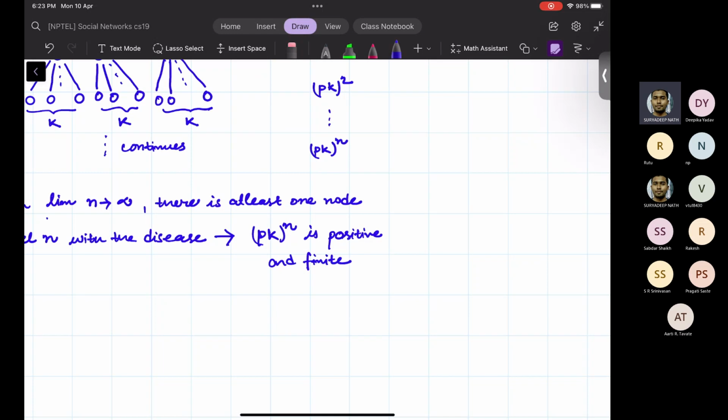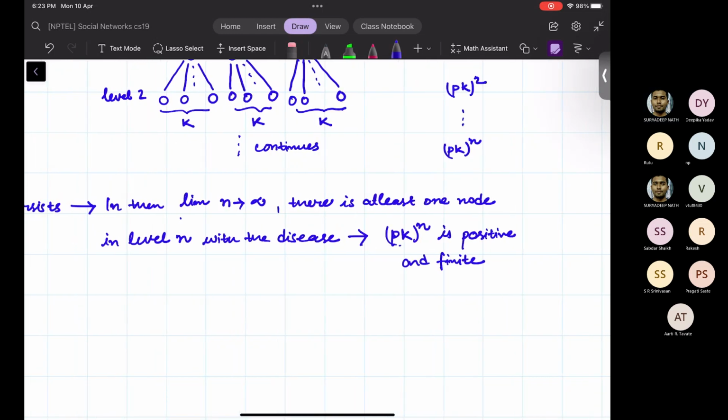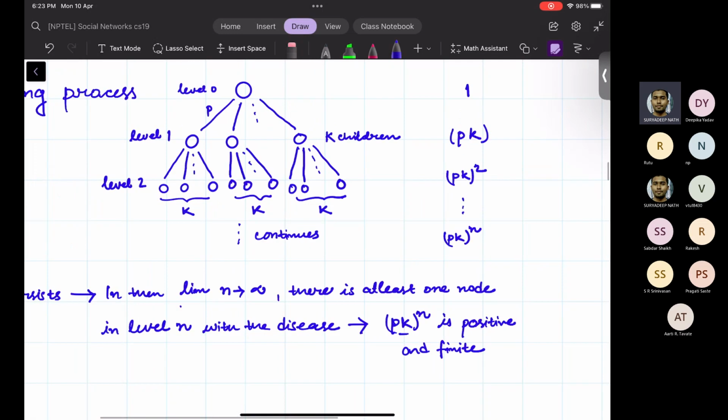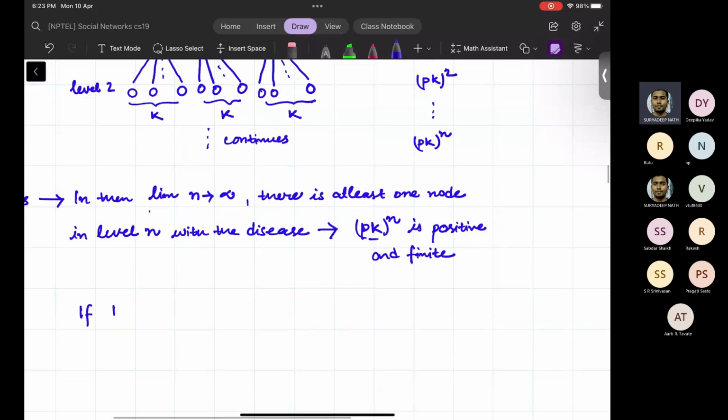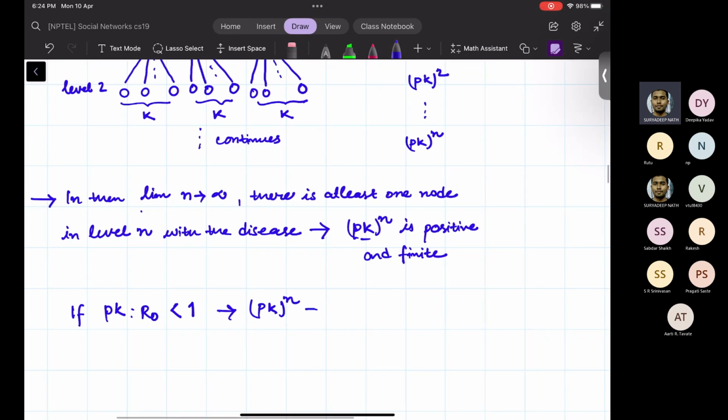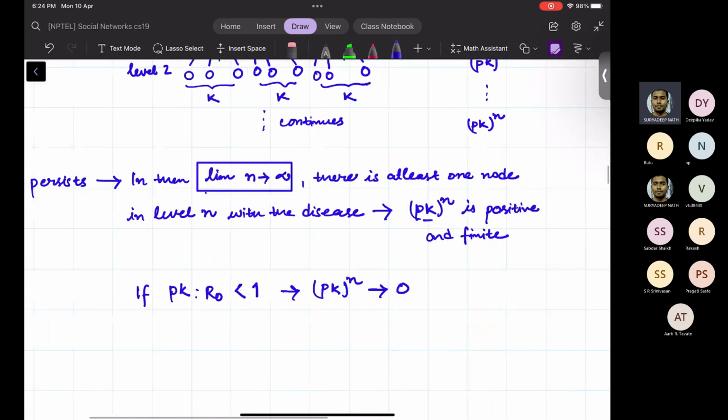If PK, that is R naught, is less than 1, then PK to the power n will tend to 0 in the limit n tends to infinity. So in that case, the disease won't persist.